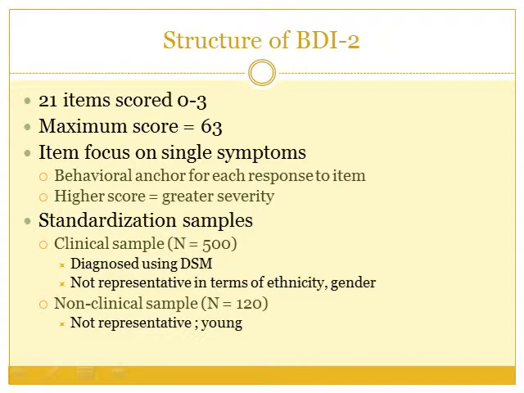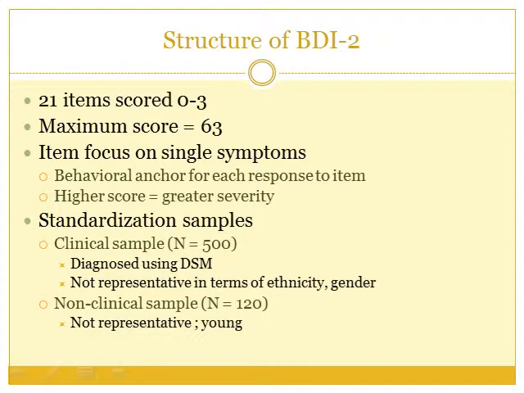This sample of individuals had been diagnosed with a variety of disorders using DSM criteria. However, the sample was not stratified, and it was not representative of the national population in terms of ethnicity and gender.